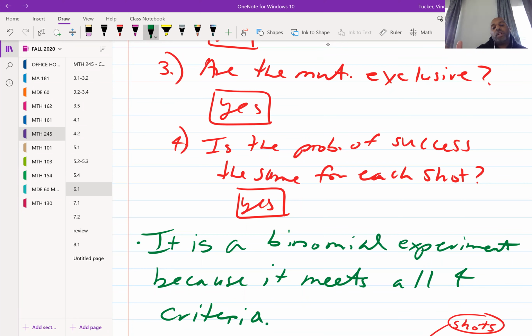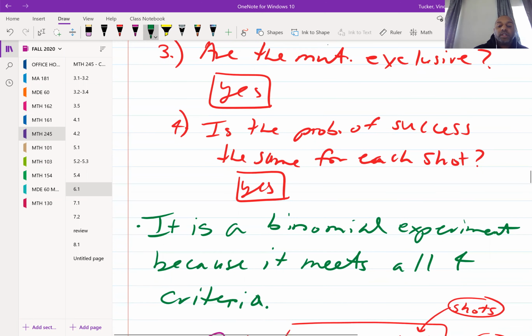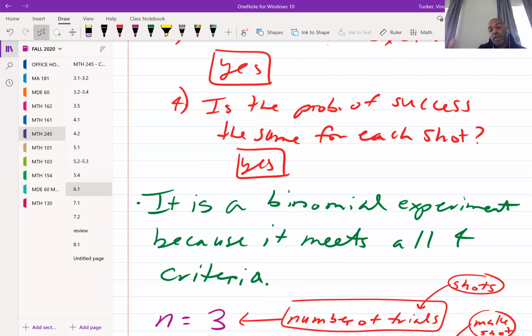All right, so the next part of this problem says if it meets the binomial experiment criteria, then we need to establish the number of trials, probability of success, probability of failure, and then the number of X.